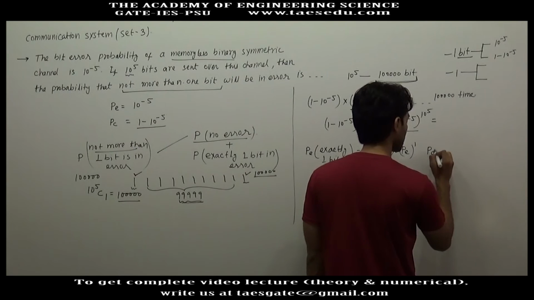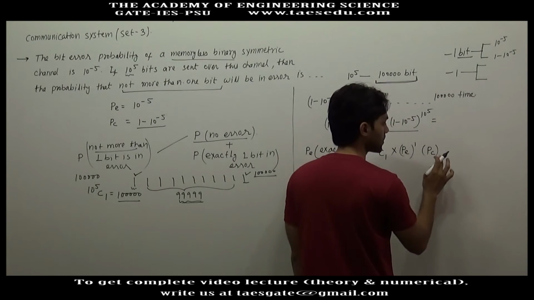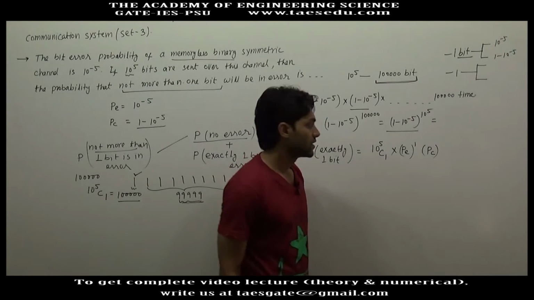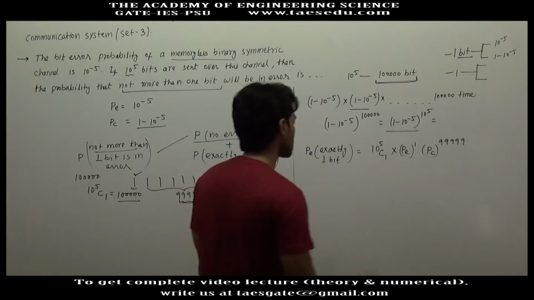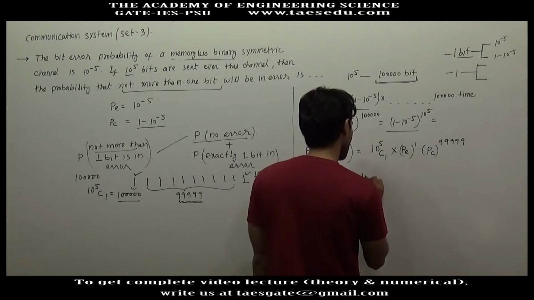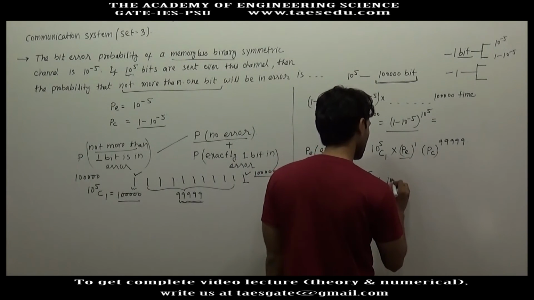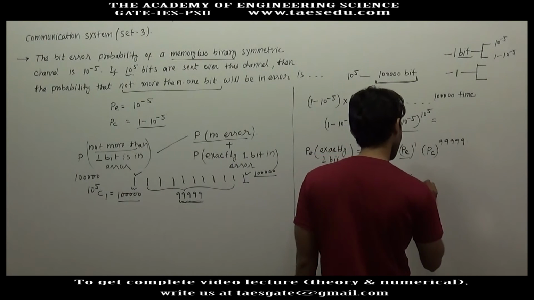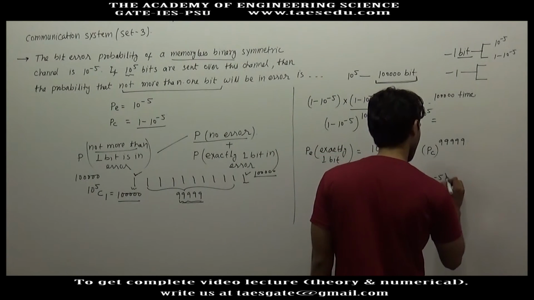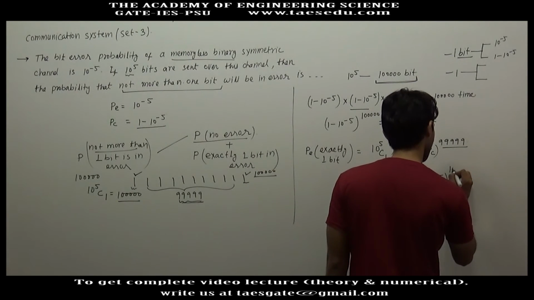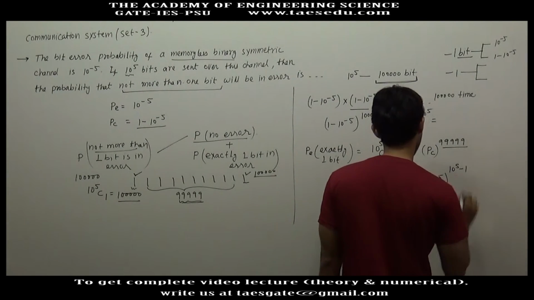into probability of correct detection, and this has to be multiplied 99,999 times. So this will be 10 to power 5 into probability of error is 10 to power minus 5, PC is 1 minus 10 to power minus 5, and this is 10 to power 5 minus 1.